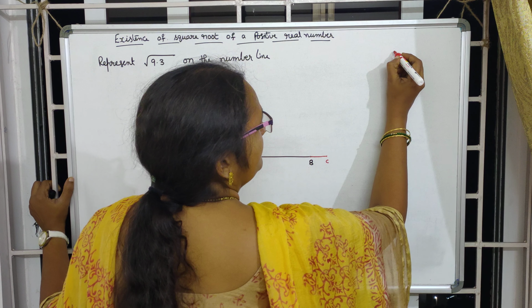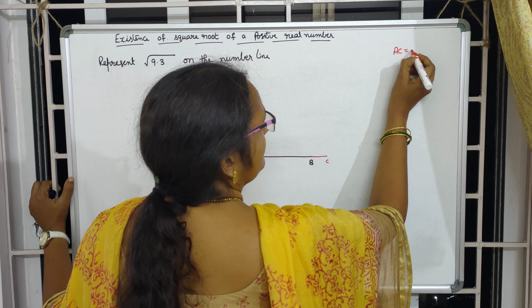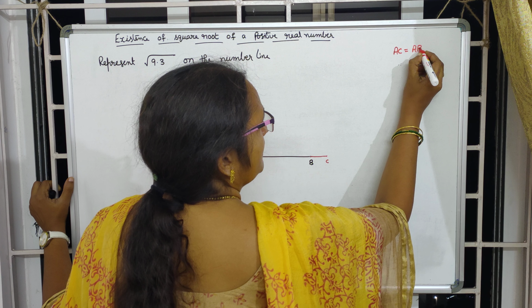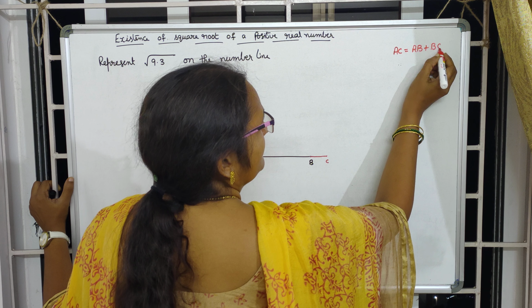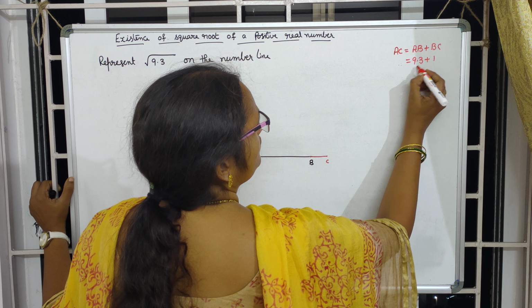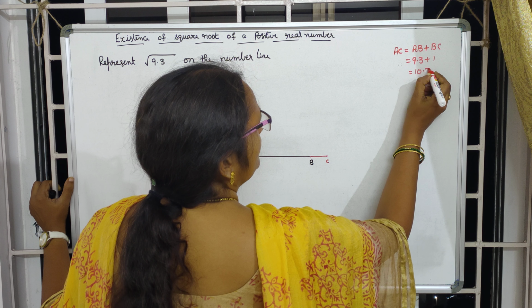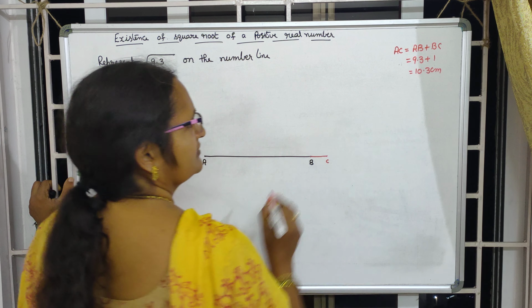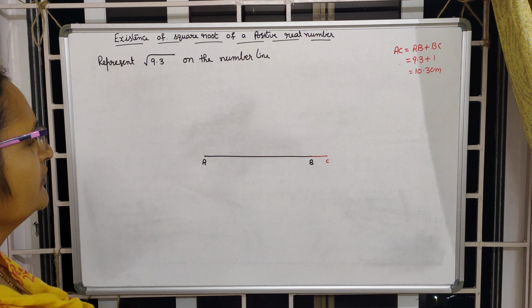Now AC equals AB plus BC. AB is 9.3 centimeters plus BC is 1 centimeter, which gives 10.3 centimeters. Is it clear now?